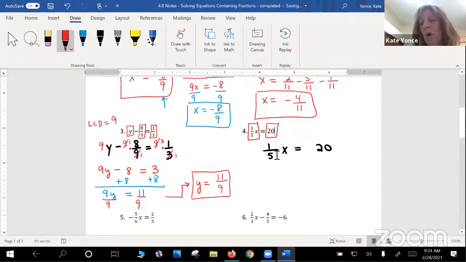1/5 x is the same as x over 5. And so 1/5 x and x over 5 mean the same thing. And remember, if we're dividing by 5, we multiply by 5 to get rid of it. So we would have done that anyway, but we're going to multiply by 5. Whatever we do to one side, we have to do to the other side.